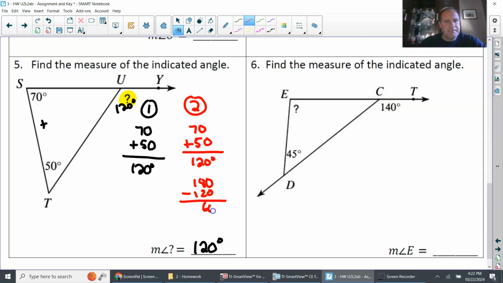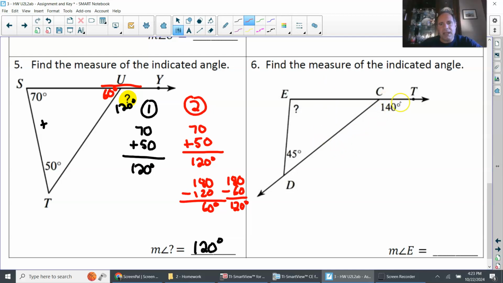That's 60. And then this one would be 60 degrees. You find all of the interior angles of a triangle. So that's 60, and then you would take 180, because this is a straight line right here. So 180 minus the 60 is 120, and that's how you would get 120 the second way.